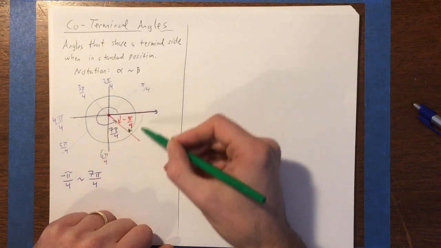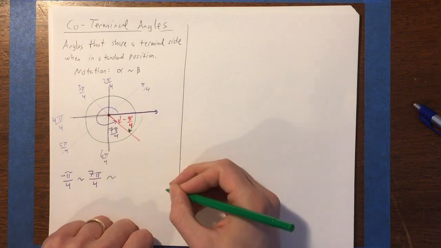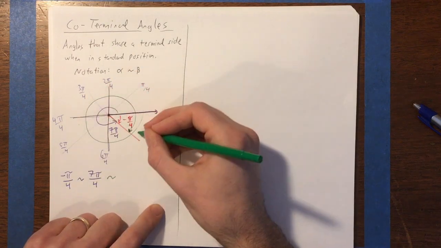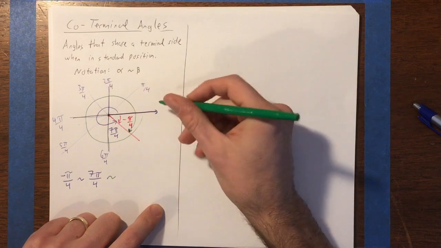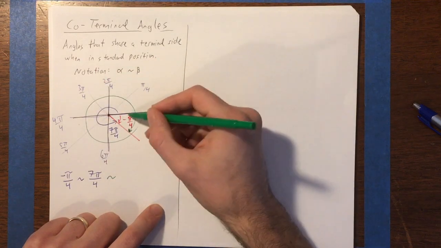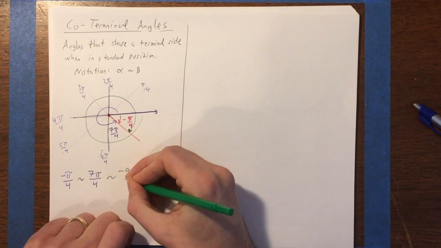Now I drew that arrow going clockwise, so that's going to be negative. I'm going backwards all the way around the circle. In terms of pi over 4's, that's 8 pi over 4, and then I go one more. So that's negative 9 pi over 4.